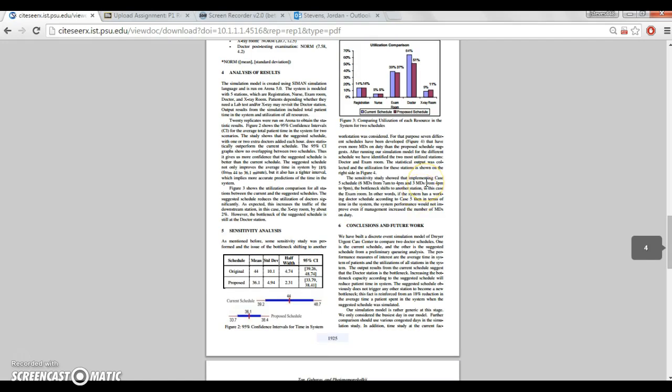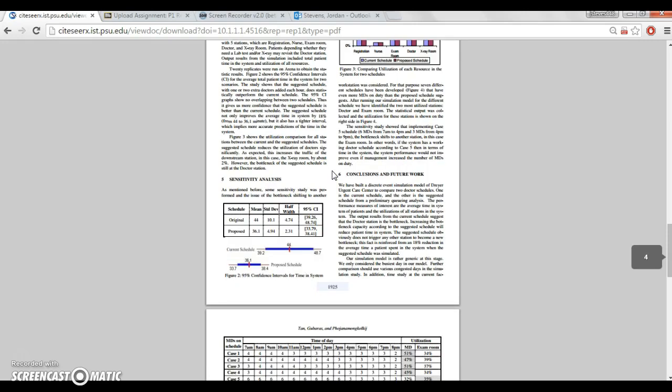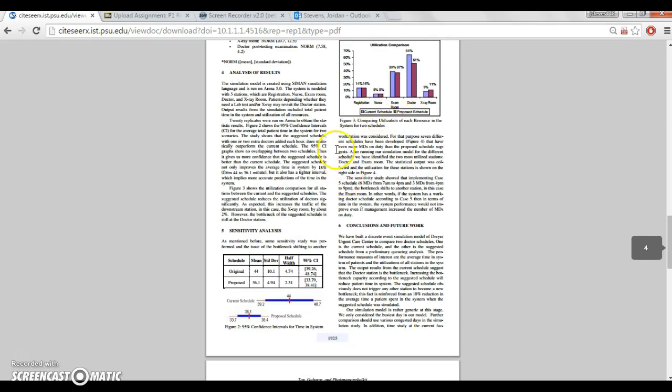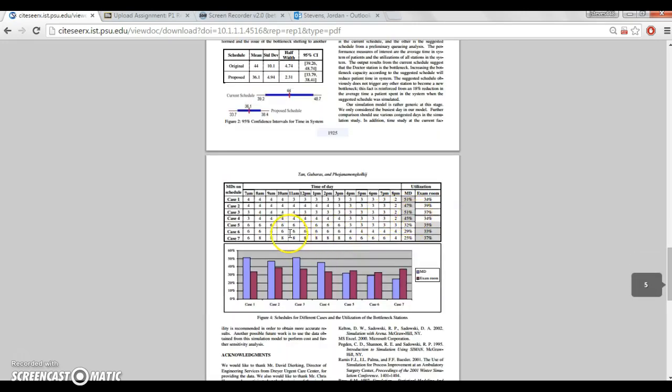And then they go on to say, if one bottleneck is decreased to a point where it's negligible, wouldn't another bottleneck arise? And if another bottleneck arises, would they have the necessary materials? And most of the time they would not if it's another station. So they show down here the average number of doctors, and they notice that if they have an average of 6 doctors, the bottleneck switches to the exam room.